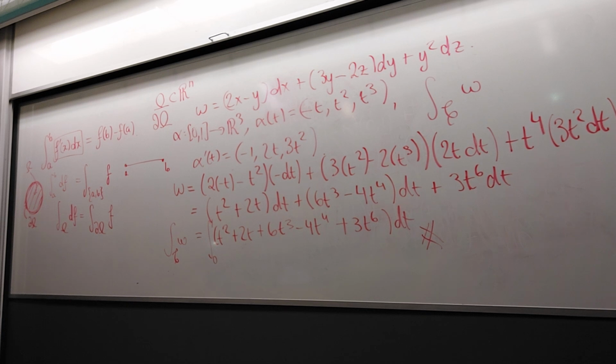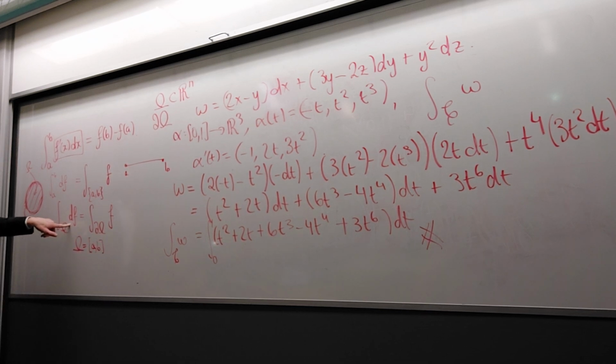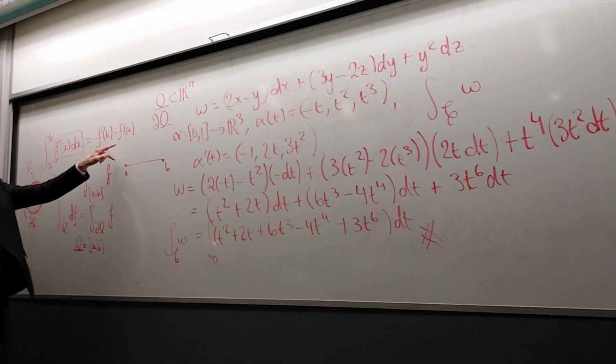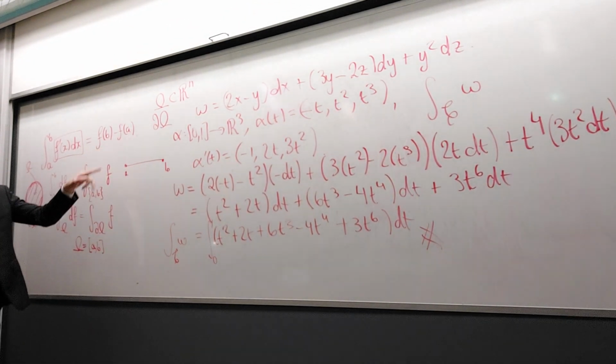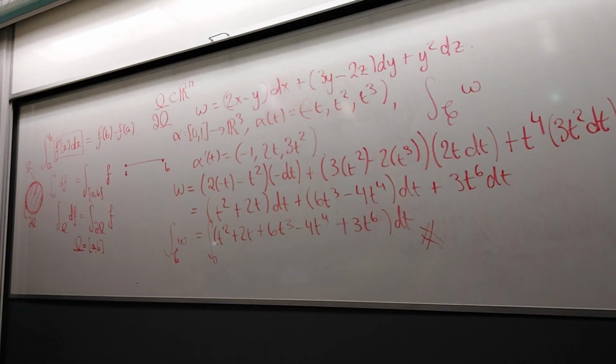Is everyone kind of with me that this translates to an integral over the interval? So here, omega is just a to b, of df, but that, by the fundamental theorem of calculus, is the integral over the boundary of f itself. Okay?